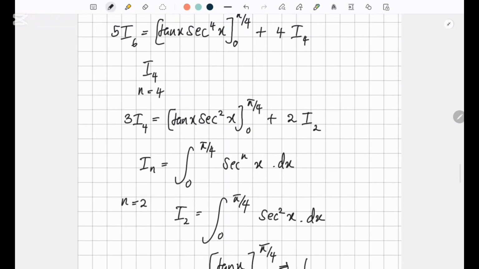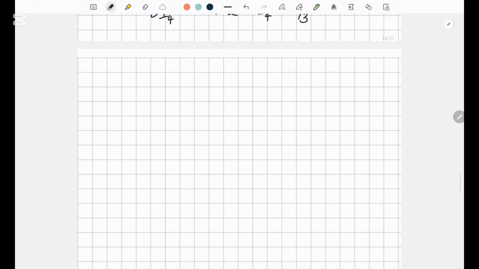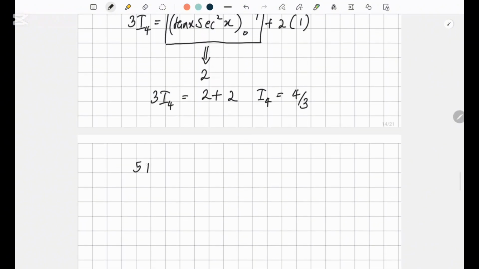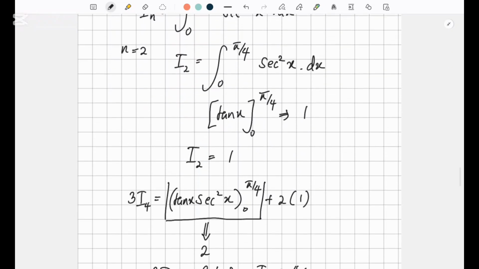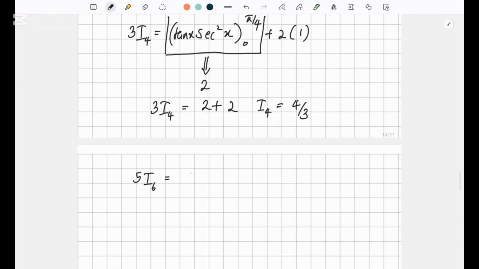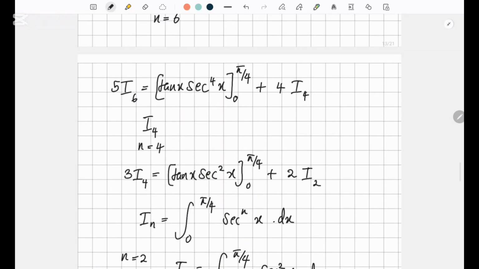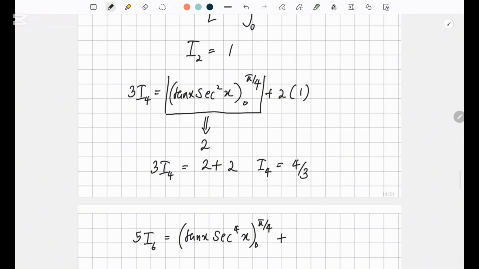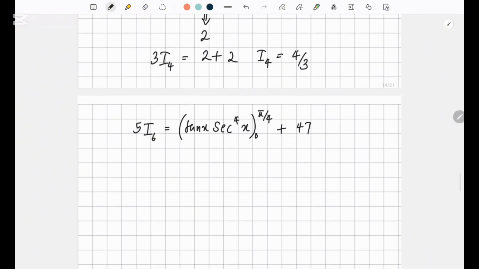Now using that, you find I6. So 5 I6 equals tan x sec x to the power 4 with your intervals 0 to pi over 4, plus 4 into I4, which is 4 over 3, right?